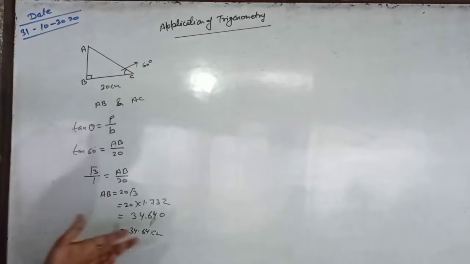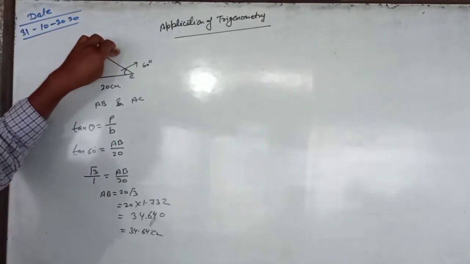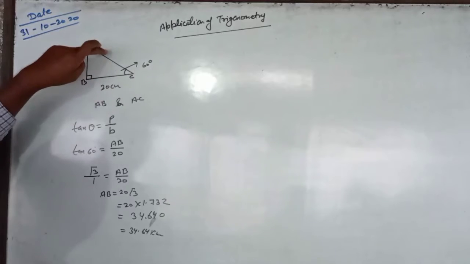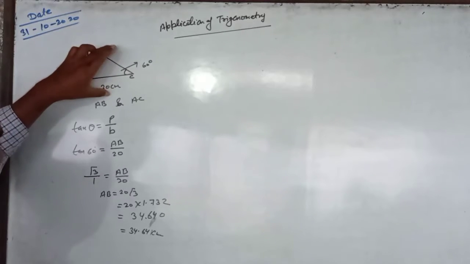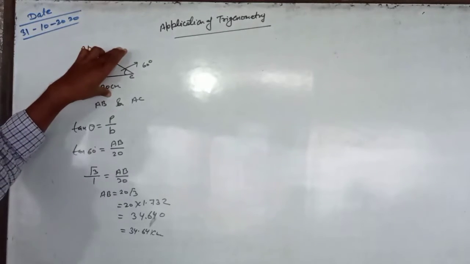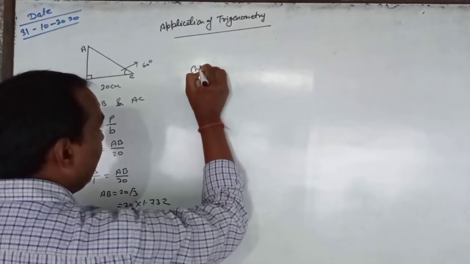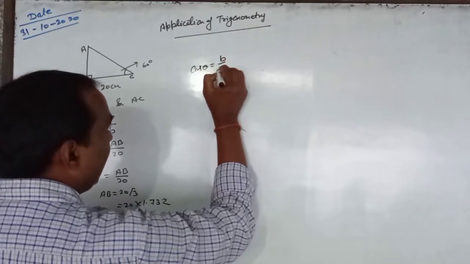Now see, if we have to find AC, here we have the base and the hypotenuse. The relation between base and hypotenuse is cos, because cos theta equals base by hypotenuse.